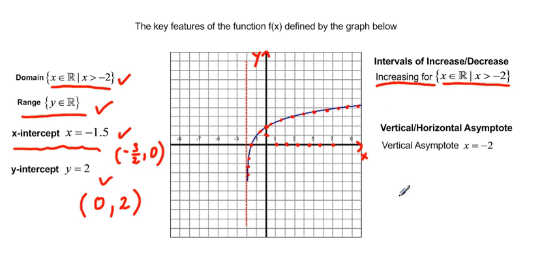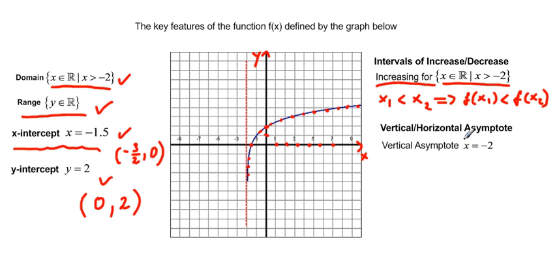Increasing or decreasing functions: when you have x1 less than x2 and this implies that the value of the first function value is less than the value of the second as you move from left to right, this is why you know that the function must be increasing.